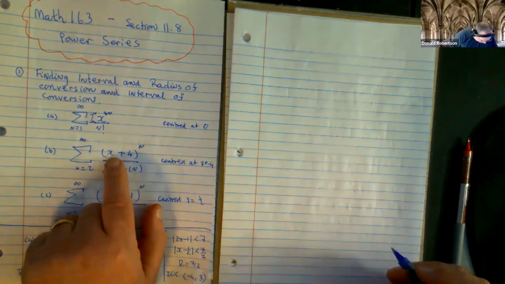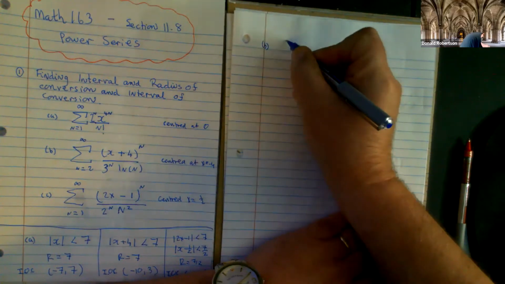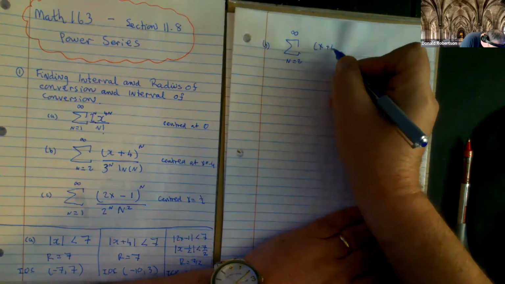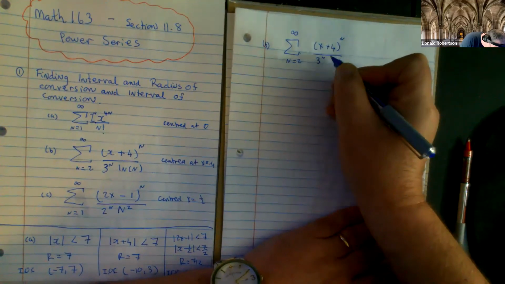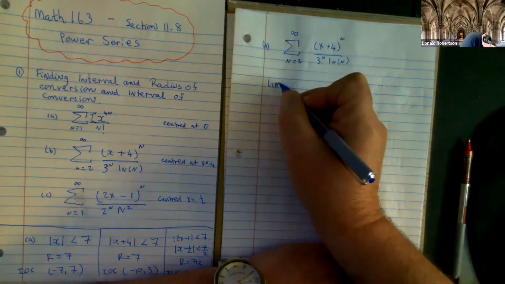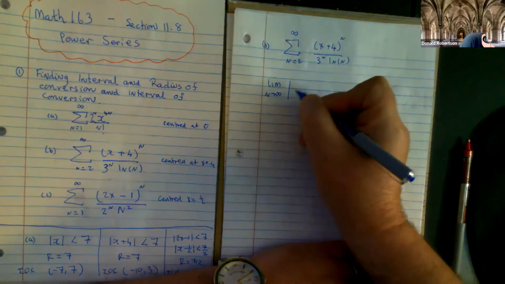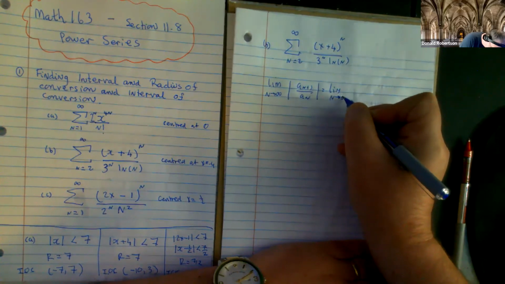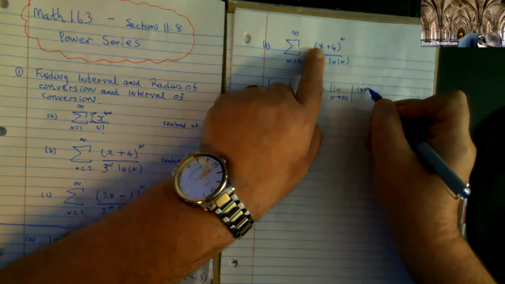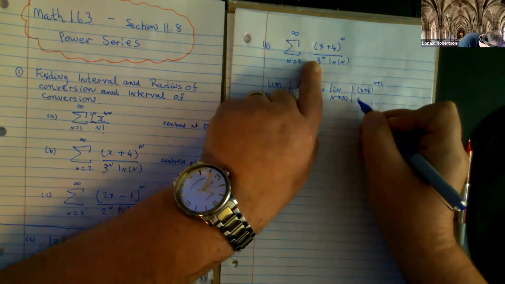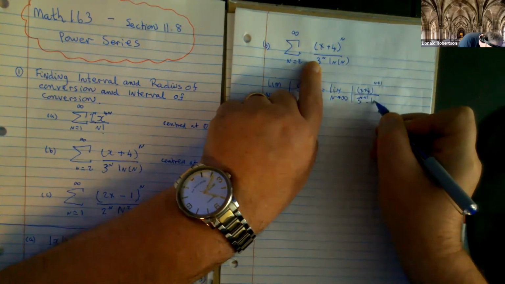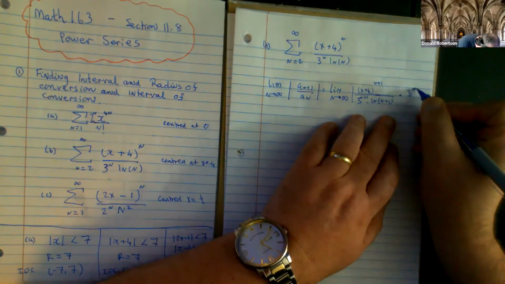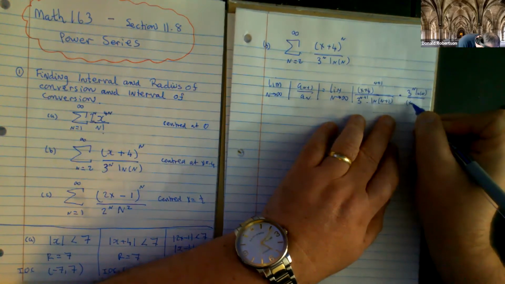Let's try this one. This one is centered at 4. Ratio test going to work well. x plus 4 to the n plus 1 on the bottom, 3 to the n plus 1, natural log of n plus 1, times upside down guy, 3 to the n, natural log of n over x plus 4 to the n.